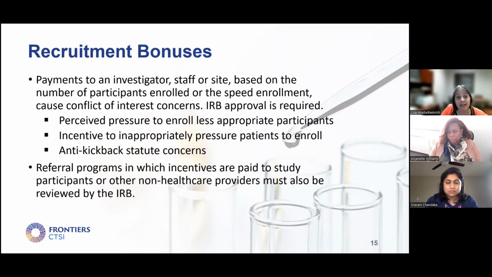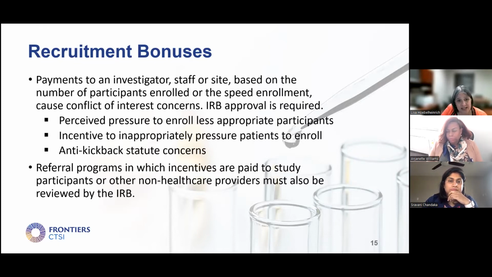IRB approval is required at KUMC. So we want to make sure that the IRB is made aware if a study team wants to explore that. But at KUMC, we do have policies that restrict that activity.